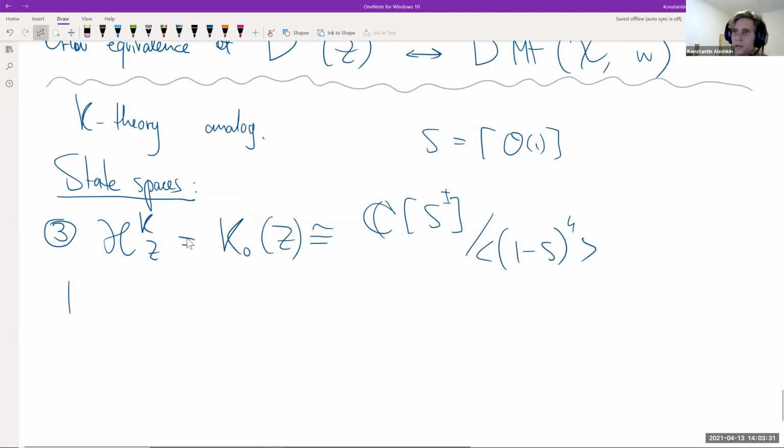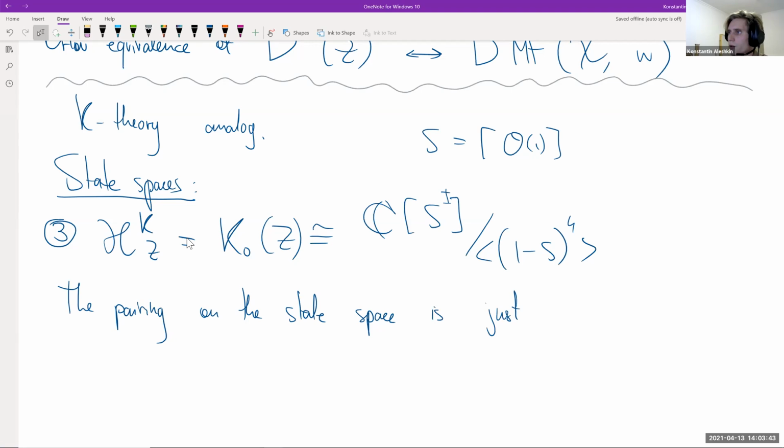And the pairing on the state space is just the Euler characteristic pairing.